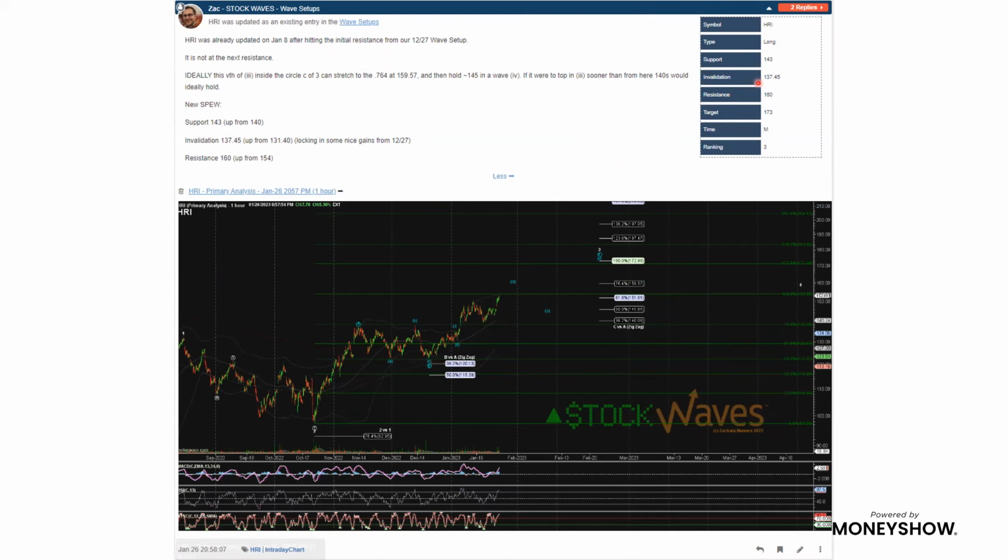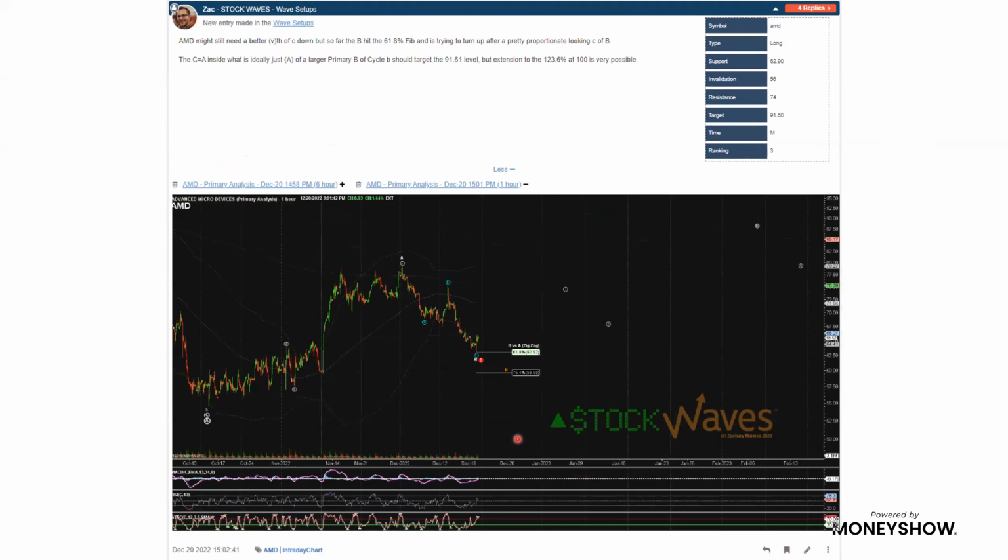But here you can see where we raised the support up from 140, which was raised from the original support when we did the January 8th update, and again raised invalidation levels, now at the 137 region, and that can come up even more as we get to the next resistance, and then change the next resistance up to 160, which was just hit yesterday.